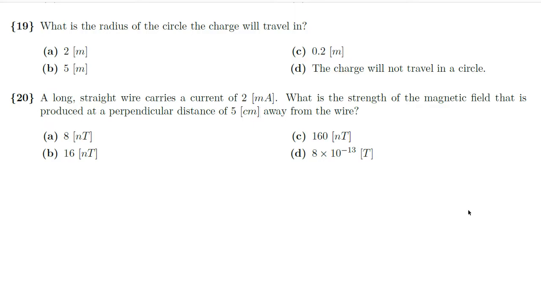If you find that it's impossible to get 8 nanoteslas, it means the answer was off and it's actually... no. Sorry, I was thinking of the wrong power. Whoops, silly me. 8 nanoteslas is 8 times 10 to the minus 9th. Who am I kidding? So the correct answer is 8 nanoteslas. I must have been thinking like 8 because I saw the 8 or something like that. So, yeah, it's 8 nanoteslas for this one when you calculate that.